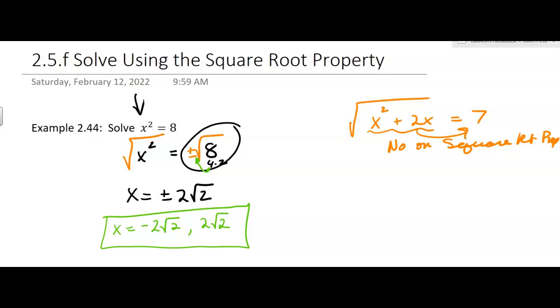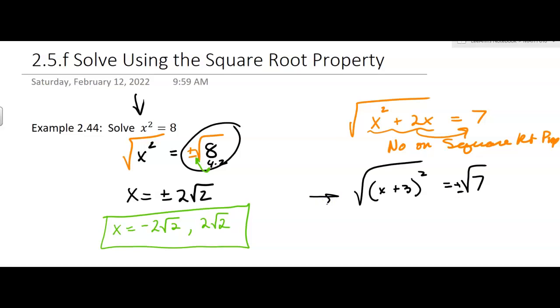Now, if I had something like x plus 3 squared equals 7, I could take the square root of both sides. I'm hoping you can see the difference. We have an example like this further on down.